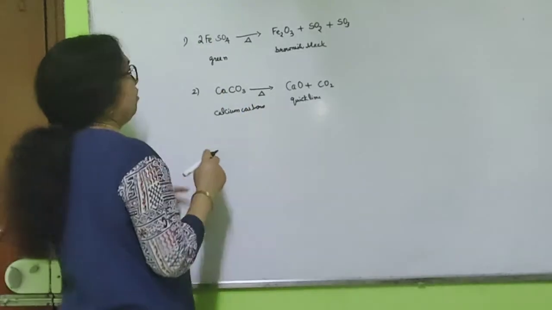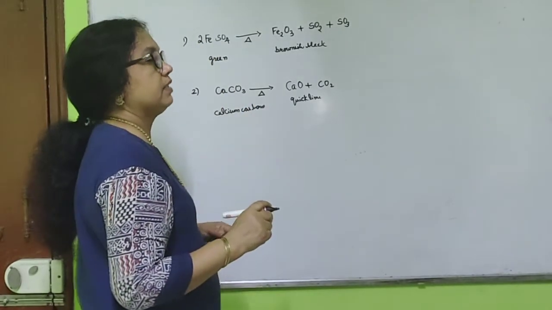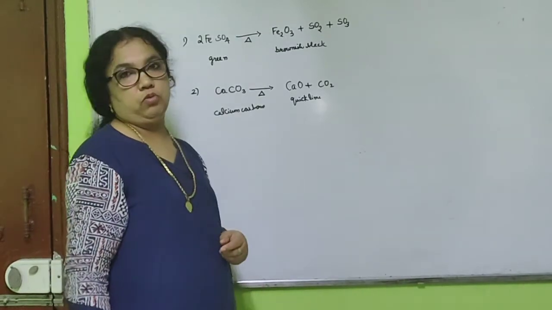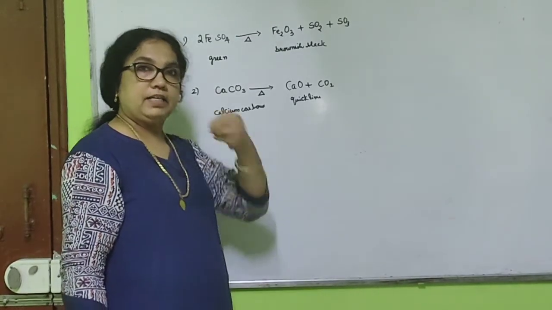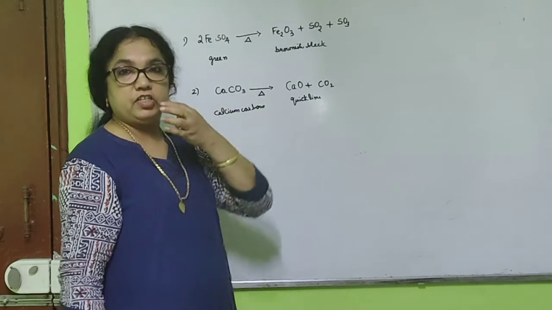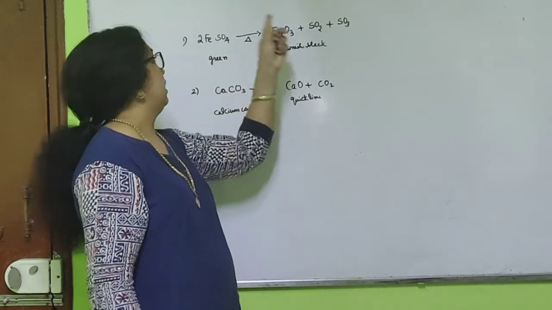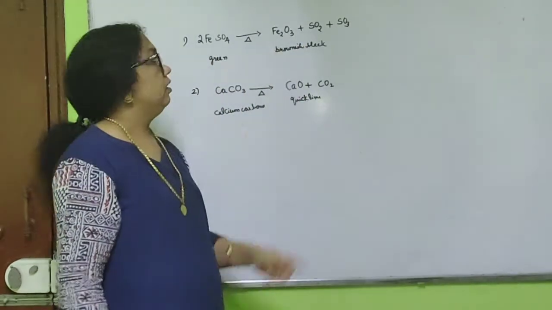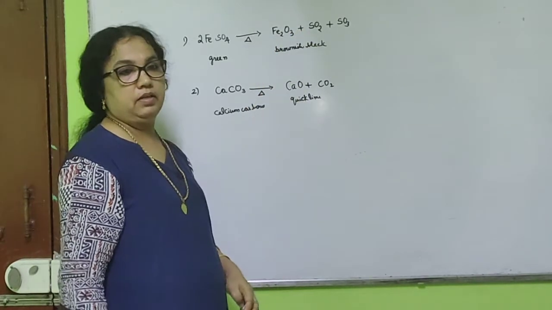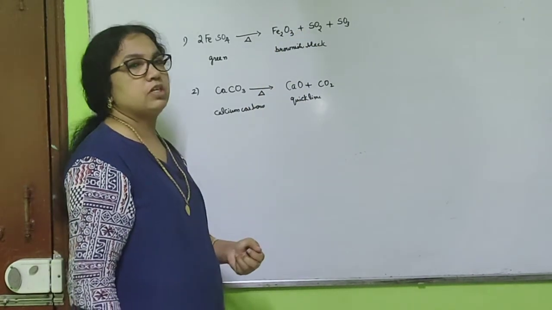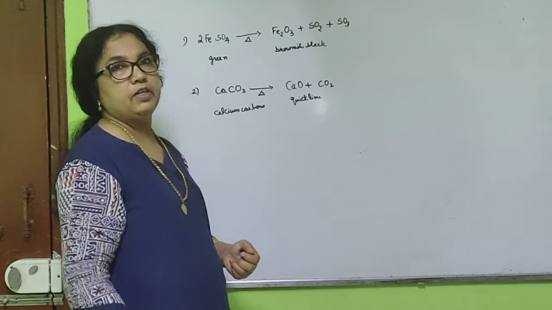Understood? Actually the correct formula of ferrous sulfate is FeSO4 7H2O. While heating, that water of crystallization is lost. That's why its green color changes into brownish black, forming ferric oxide. But while writing equations, we do not use the 7H2O in the formula.